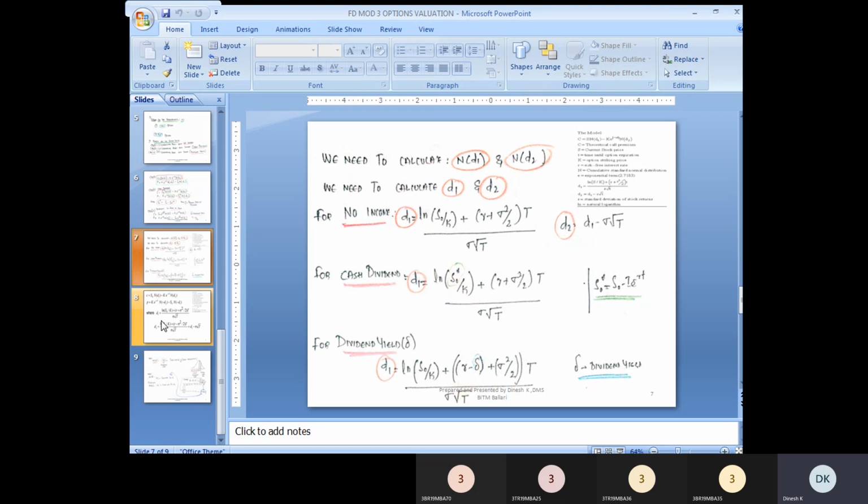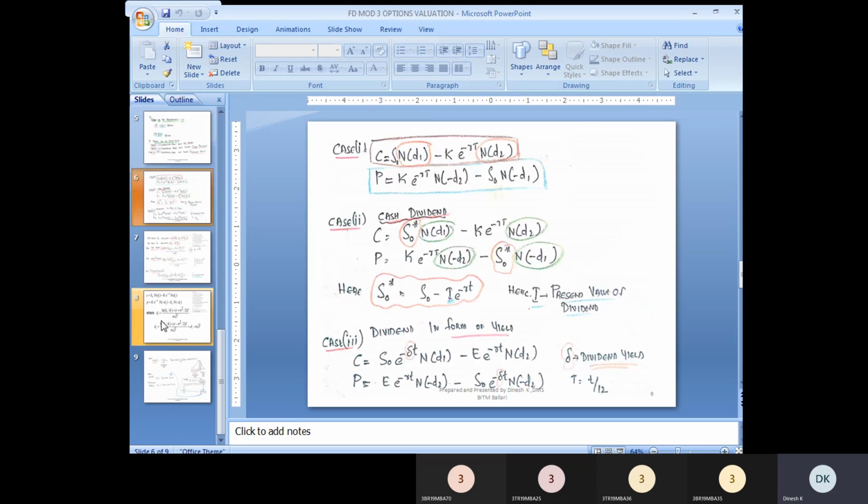So this is the formula that we need to use for our problem number 4, right? For problem number 4, when we want to calculate D1, we have to take ln open the bracket S naught by K plus open the bracket R minus delta, close the bracket, plus standard deviation square divided by 2, close the bracket, whole multiplied by T, divided by standard deviation into root T. Okay, this is one thing.